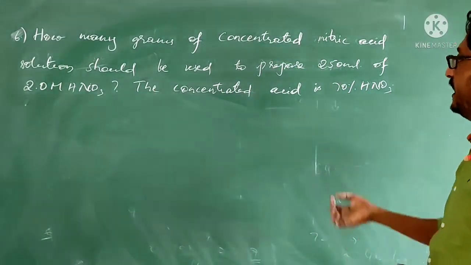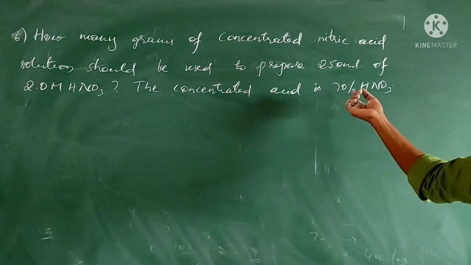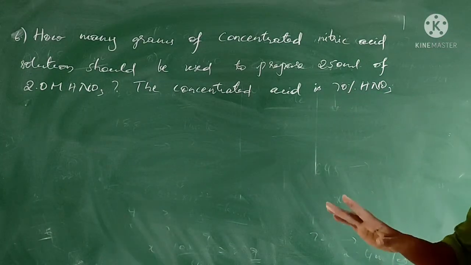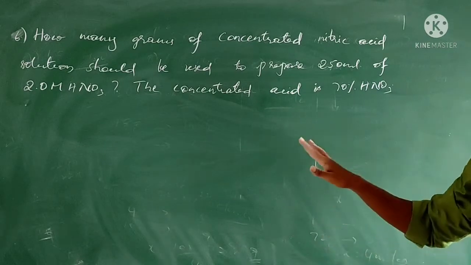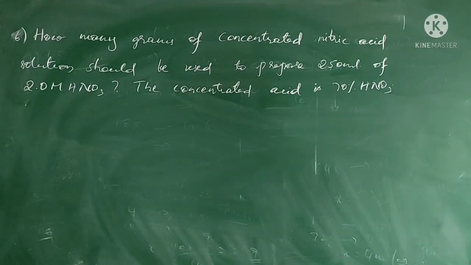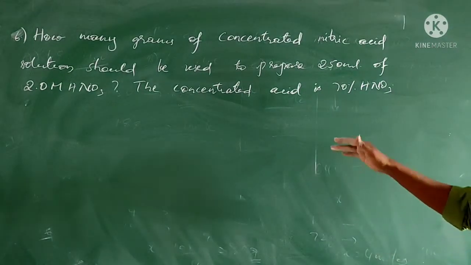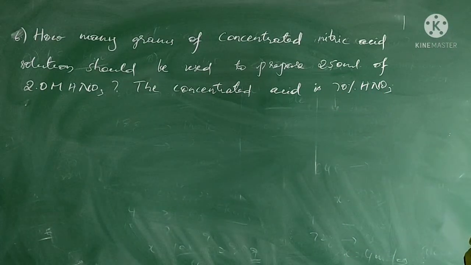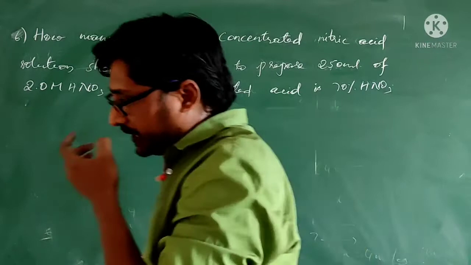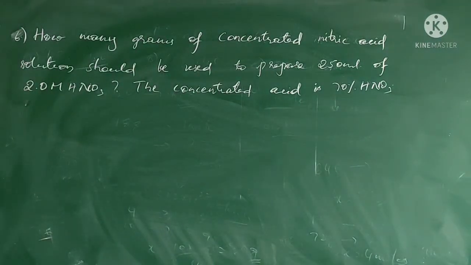He is asking, and he is saying that the solution is 70% concentrated. It is not 100% concentrated. So first let us find for 100% concentrated, and then we will see for the 70% concentrated. Let me give the options also. If you see the options.